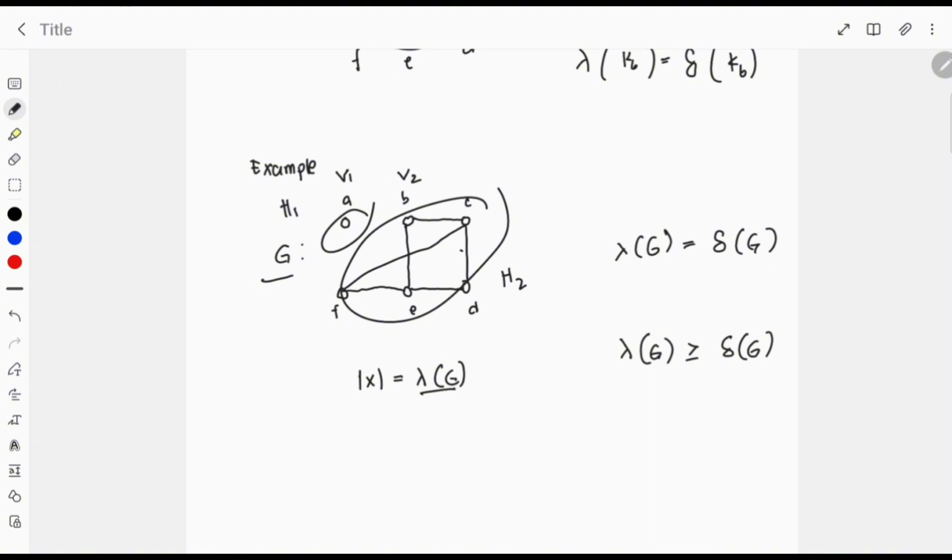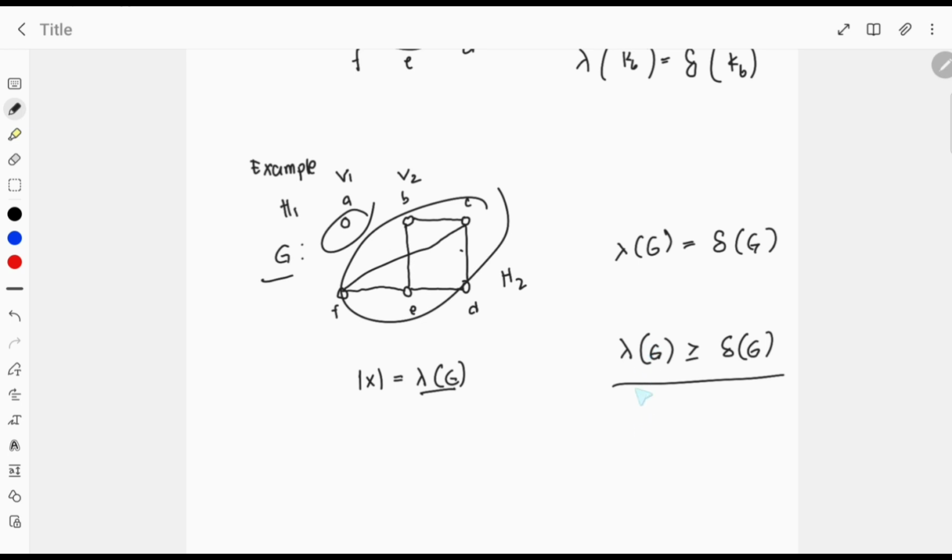So since we know from general graph properties, okay, we obtain here, excuse me, this is theorem 4.4.